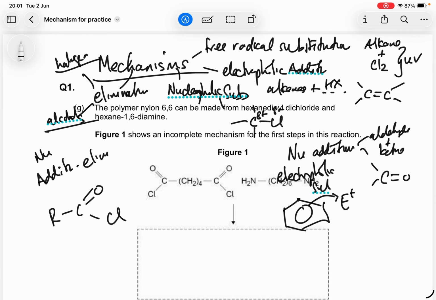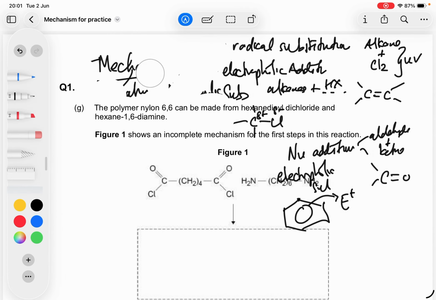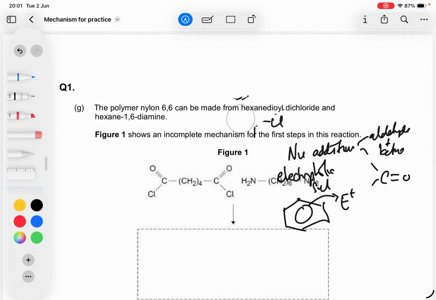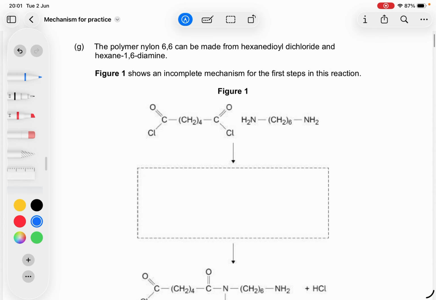This is a summary of the mechanisms you need to be aware of. What I'm going to focus on here is the exam questions in front of us, and through this I'm hoping that I can get most of the mechanisms done. So let's start with the first one.